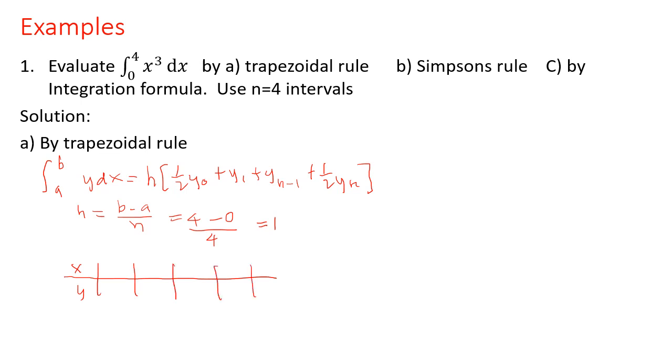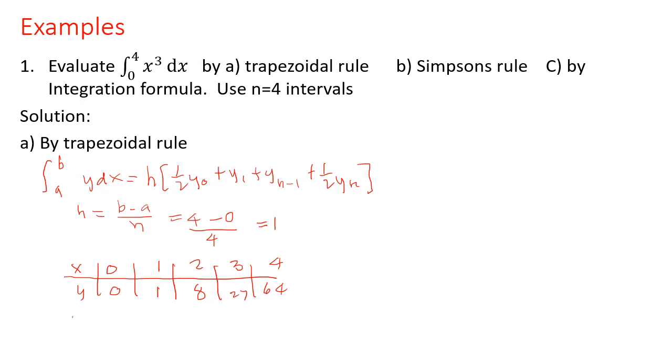When x equals 0, y equals 0. When x equals 1, y equals 1. When x equals 2, y becomes 8. When x equals 3, y becomes 27. When x equals 4, y becomes 64.